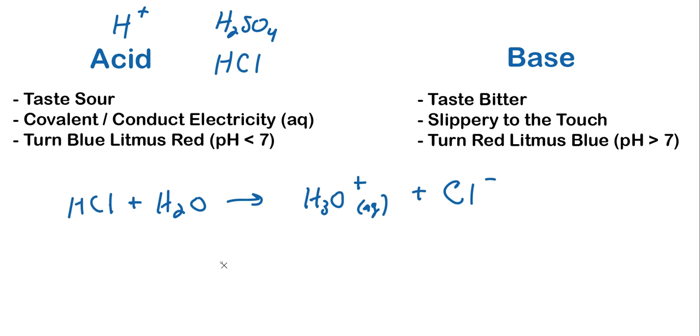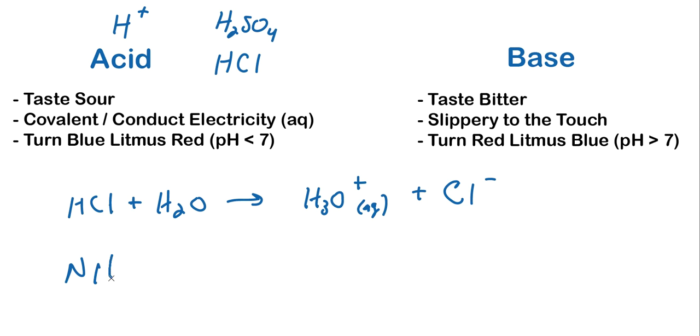Another thing that we can look at from this: if we take sodium hydroxide, lye, a known base, add it to water. Actually, that's not a good example since it is ionic already. Let's back up here a little bit. Let's use another base. Let's use ammonia.